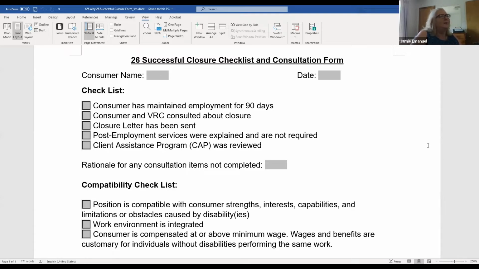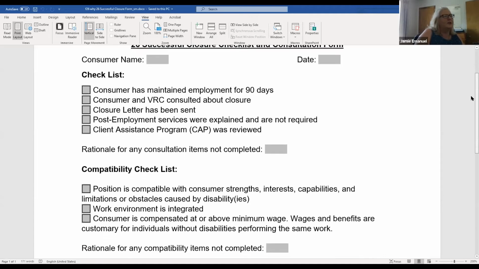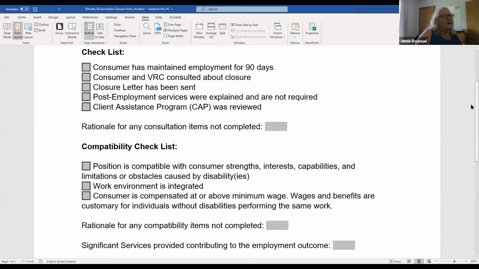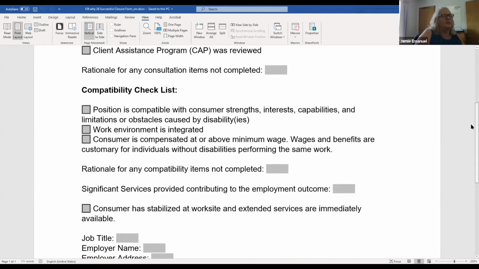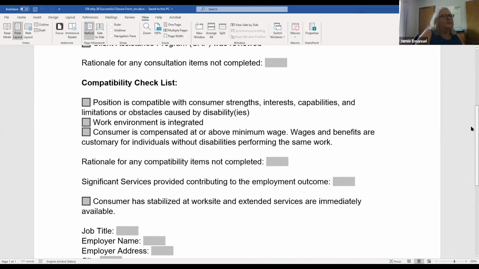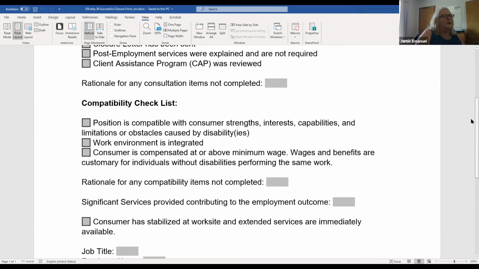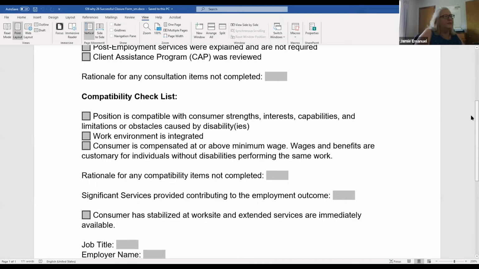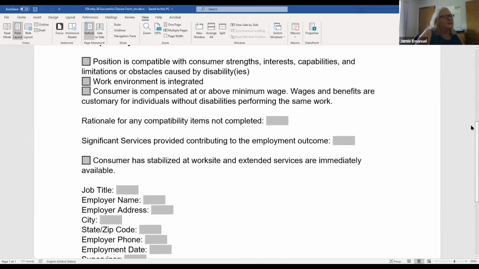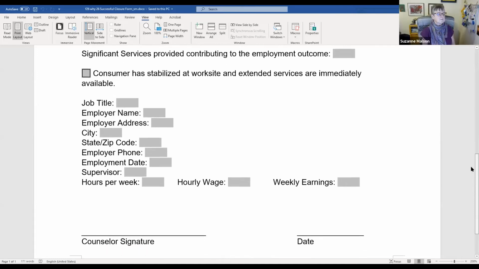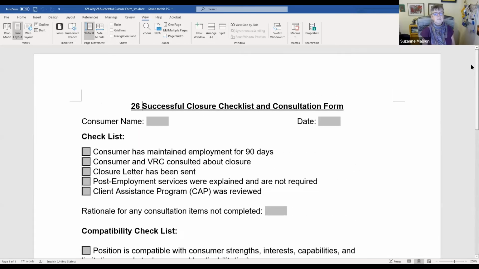But anyway, this is, like Suzanne said, just a nice checklist that you can go down, look at the different areas, and make sure you've checked off these items. These things are completed. I think these little gray boxes you can fill in. It's a fillable form. And these are just things that we really need to consider when we're looking at closing out a case.